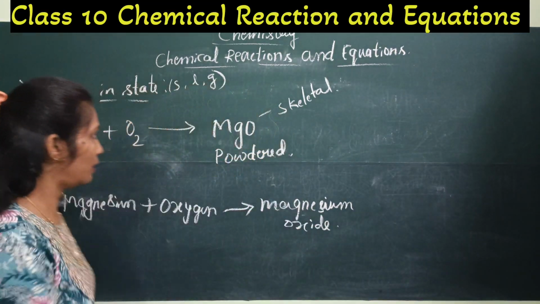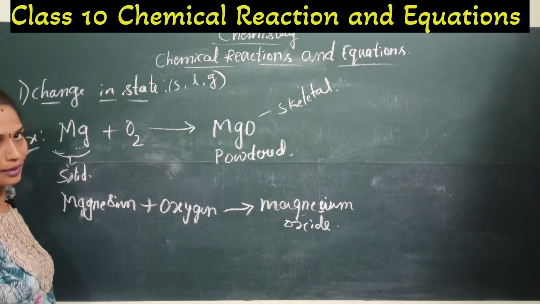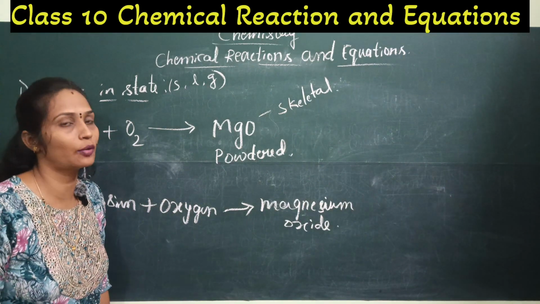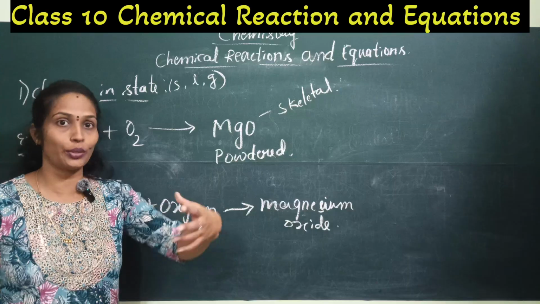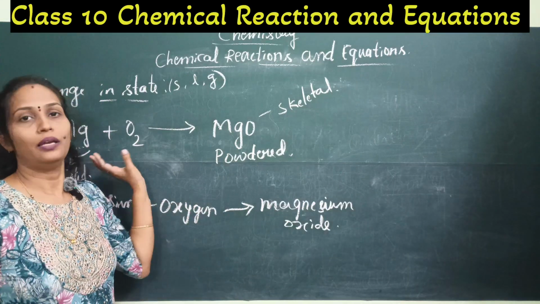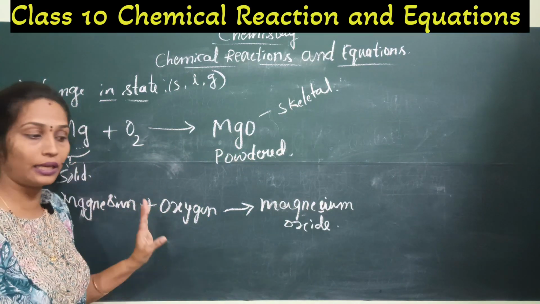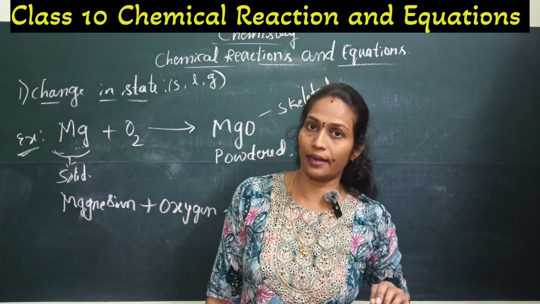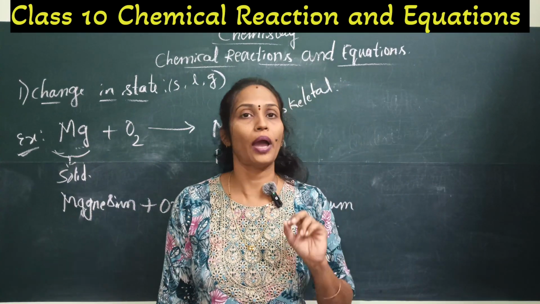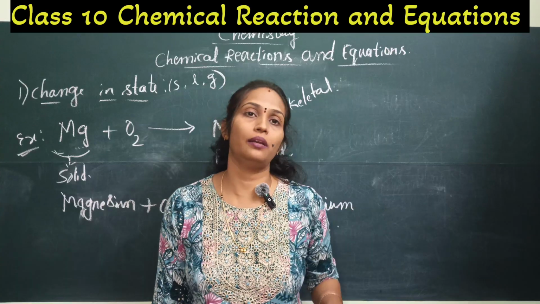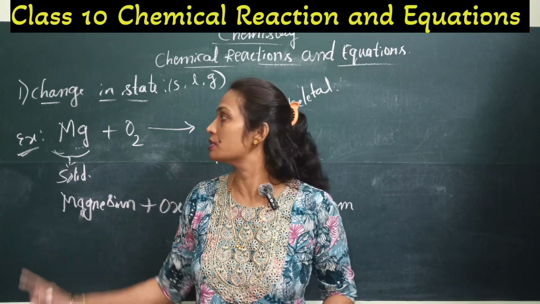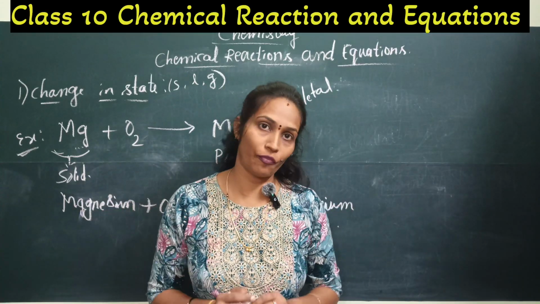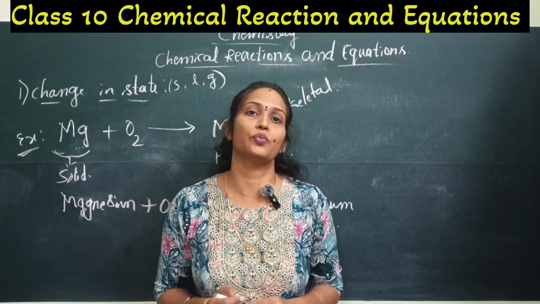We need to balance this equation, guys. How are you going to balance this equation? Everything I'll teach you in my next session. But in any equation, please note one thing: in your 10th standard board exams, you have to write chemical equations or reactions in balanced form only. Then only it is valid.